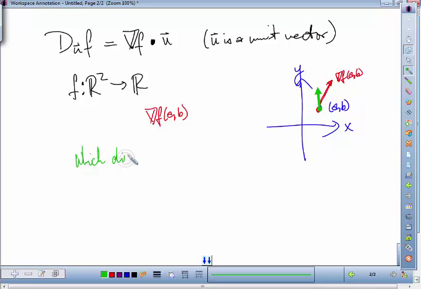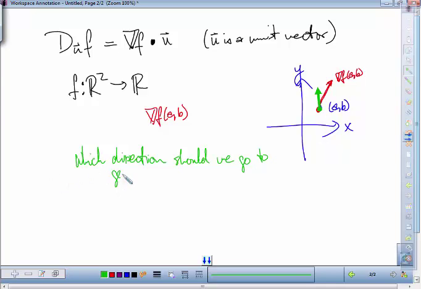which direction should we go to find the maximum rate of change? So imagine you're on the mountainside, and then there's certain directions that you can walk where you're going to have to go up the steepest, right?